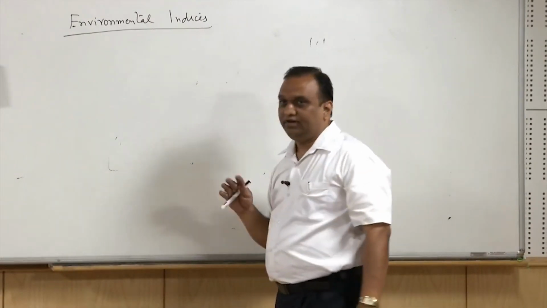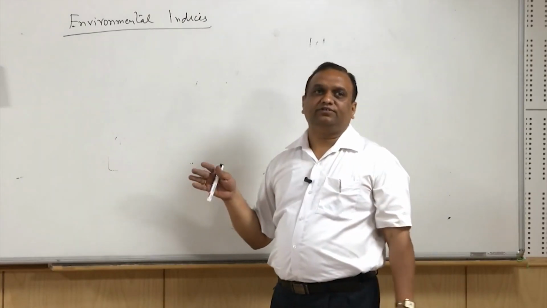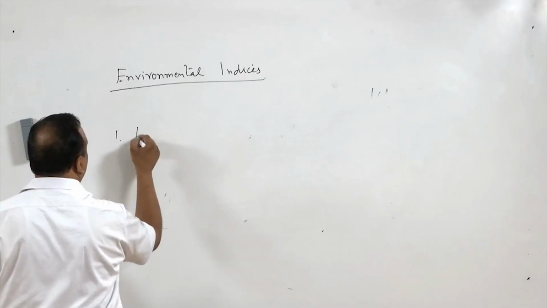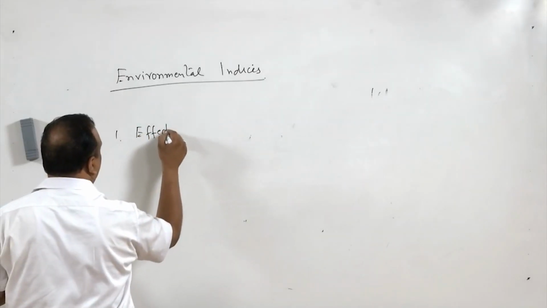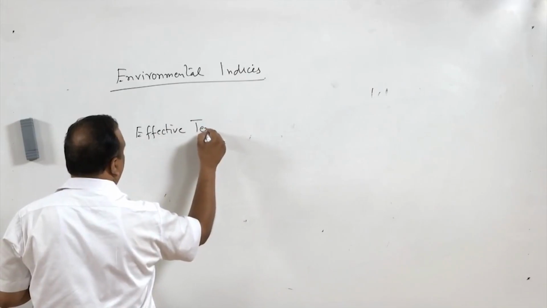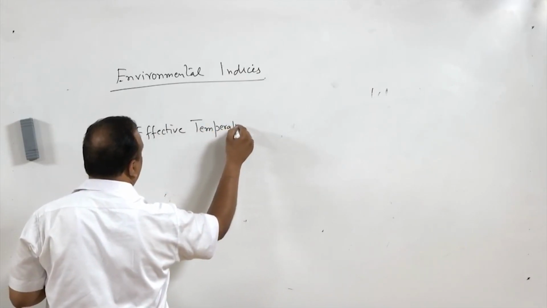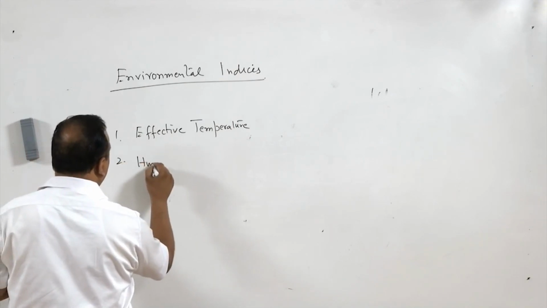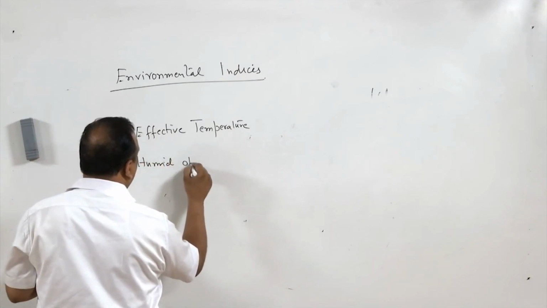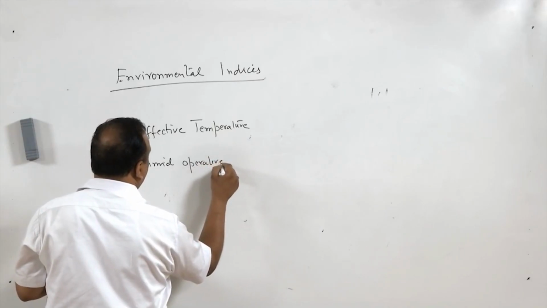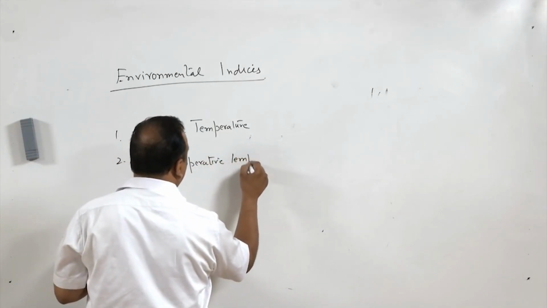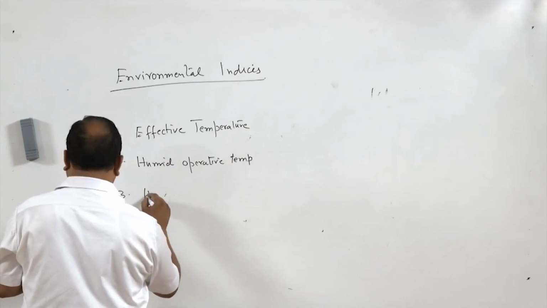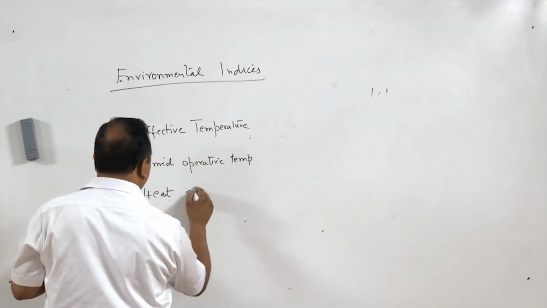So you just look at a particular index, and you come to know about the environment. First is effective temperature. Another one is humid operative temperature. And the third one is heat stress index.